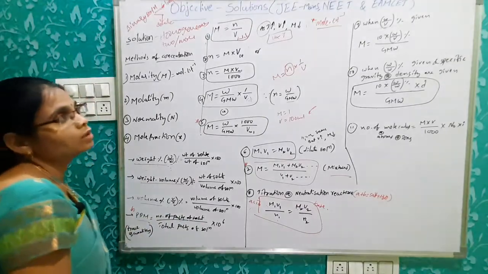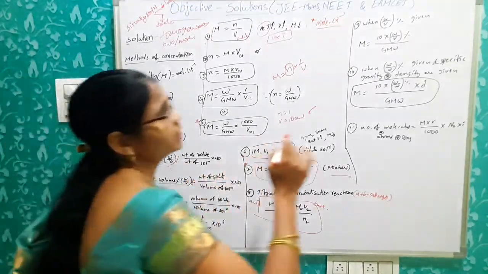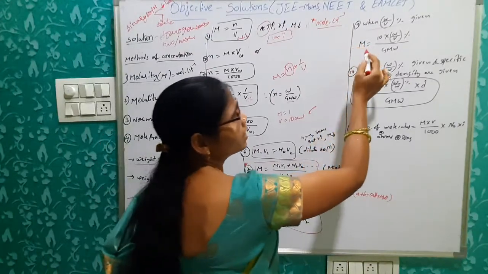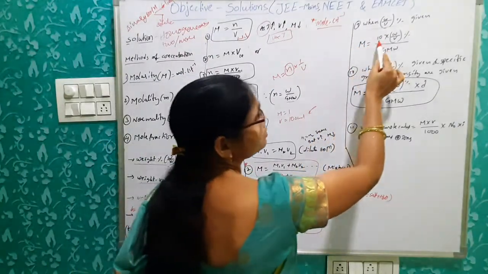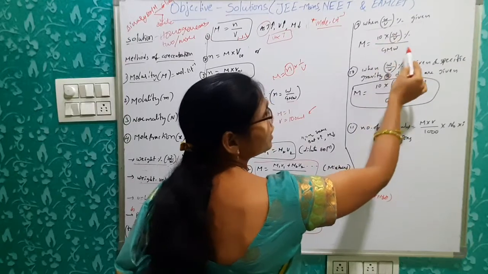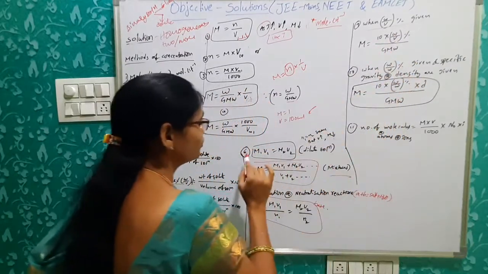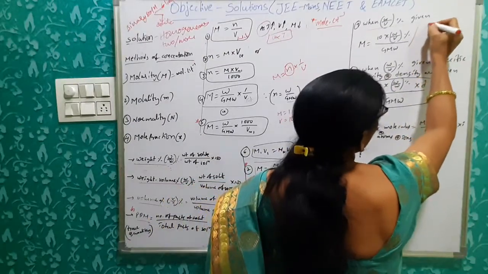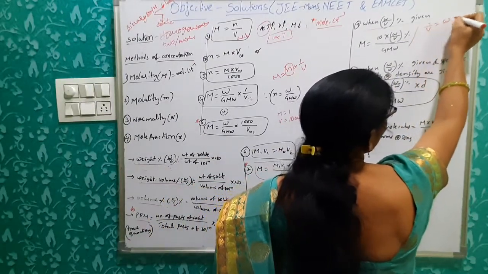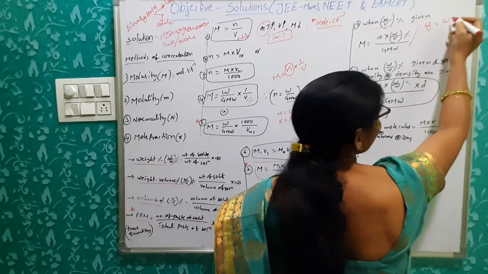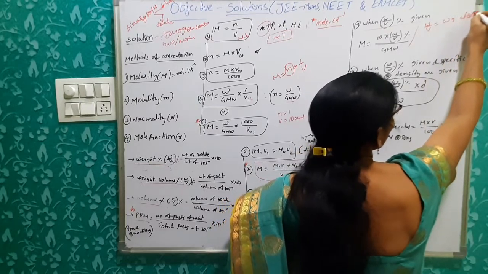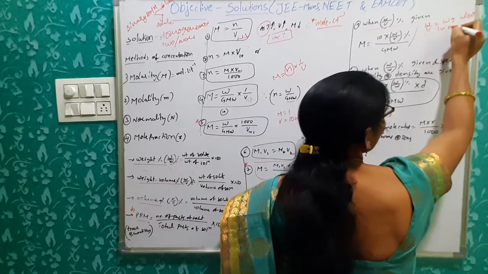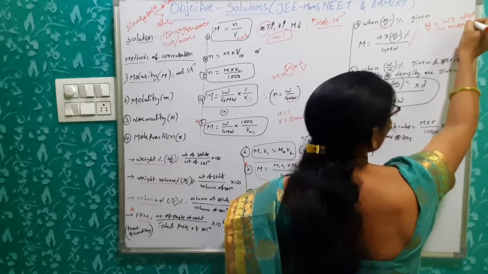Now, when these percentages are given, molarity changes to M is equal to 10 into weight by volume by gram molecular weight of that solute. Weight by volume means X grams of solute present in a volume of 100 ml of solution.